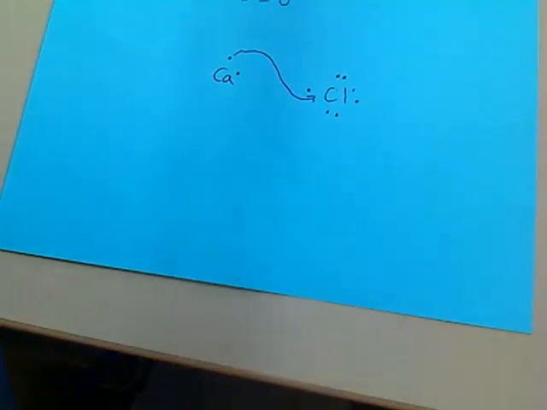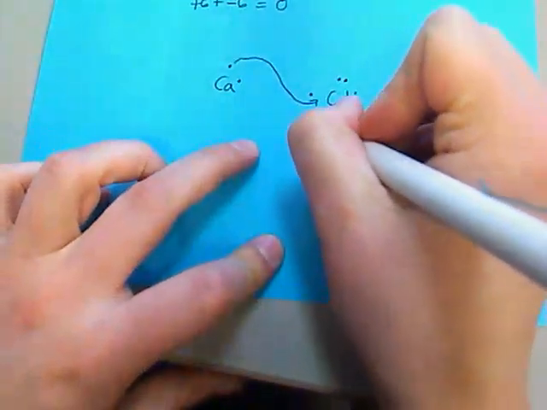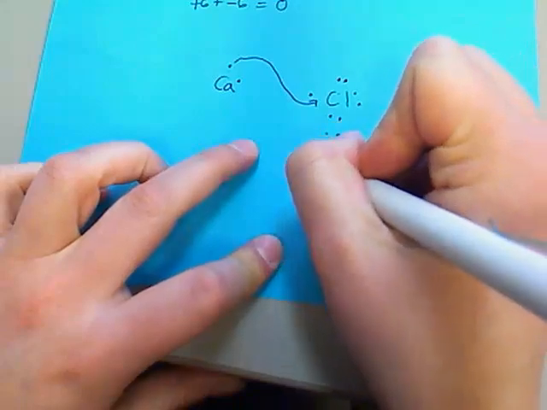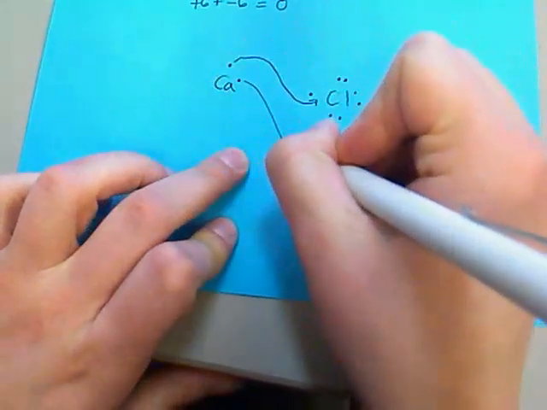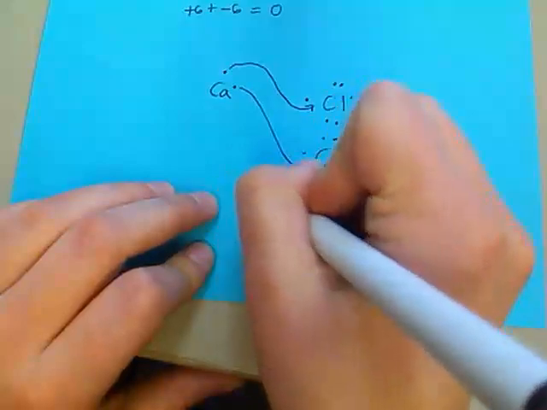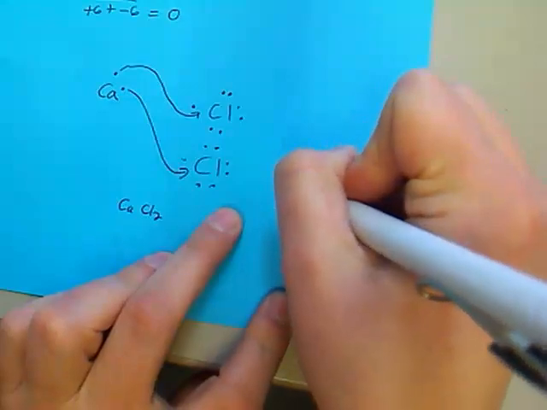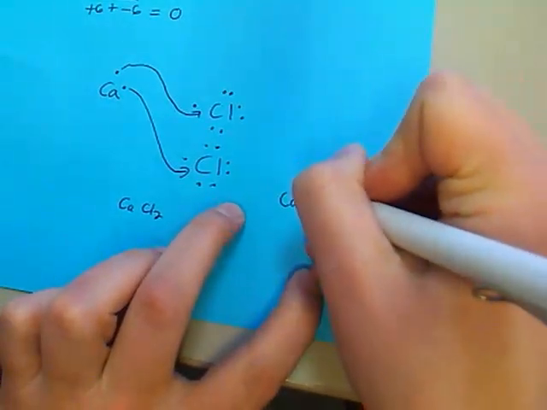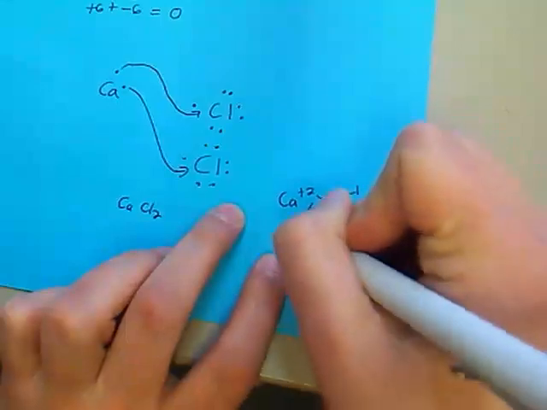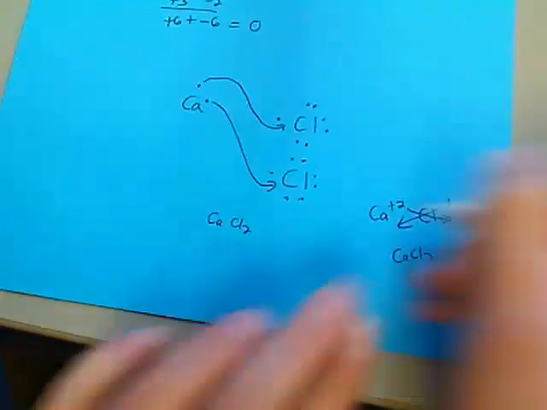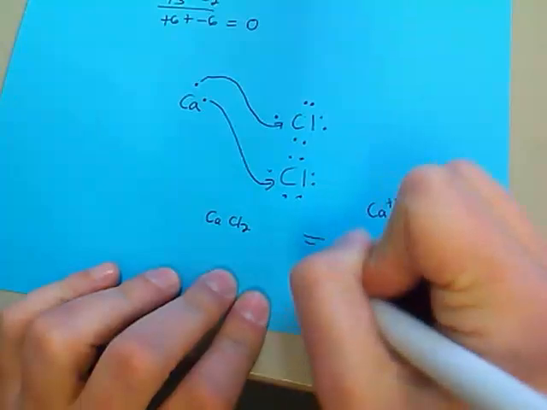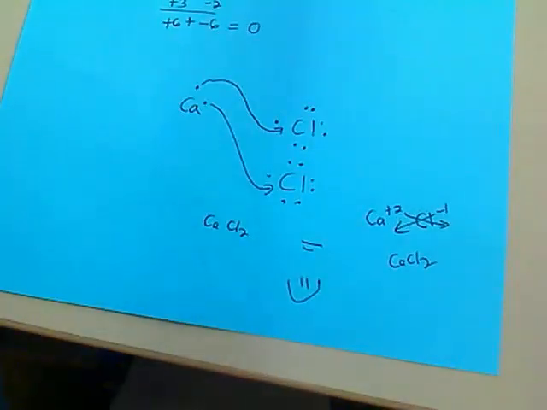So in order for this to work out, we need another. So you'd have CaCl2. Let's make sure that works with Criss-Cross. Ca 2 plus, Cl 1 minus. Criss-Cross, you get CaCl2. Hooray!